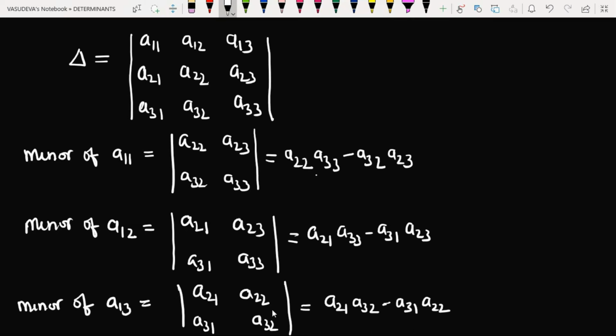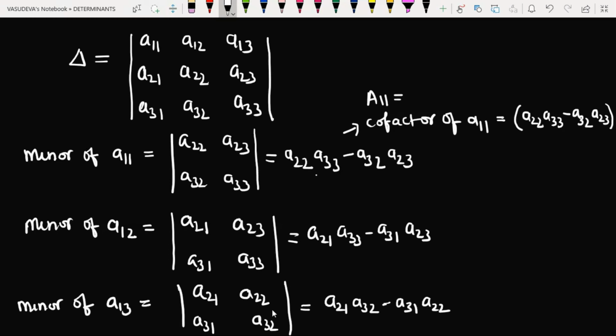Now the cofactor of the element gives the sign. So from this I am going to write here the cofactor of the element A11. We can write this as, since the sum of the suffixes is even, it is plus, the expansion A22 into A33 minus A32 into A23. This is minus 1 to the power of 1 plus 1.